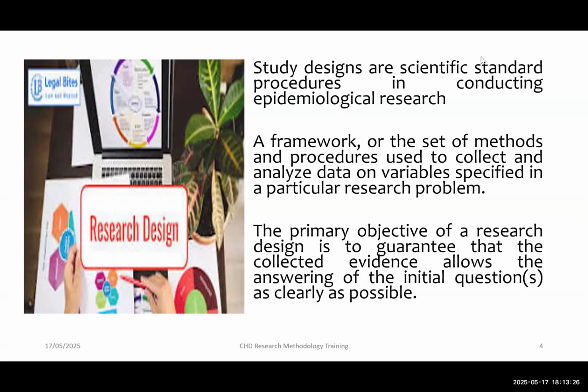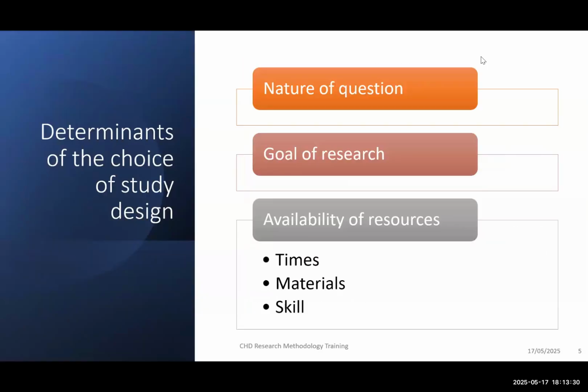There are some things that determine the type of study design one uses in carrying out a research, one of which is the nature of the questions. So what question are you trying to answer? Are you trying to find out or describe what is already existing, or are you trying to test a hypothesis from what you already know?